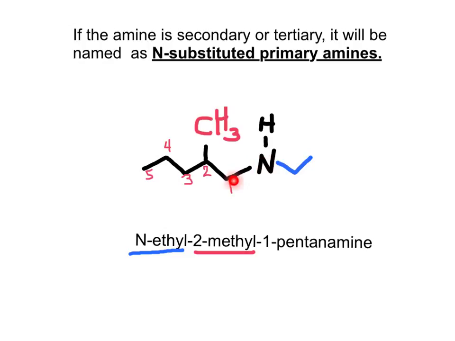This 1-pentanamine has a substituent in carbon number 2, so that is a 2-methyl-1-pentanamine, and the nitrogen also has its own substituent, an ethyl group, 2 carbons long, so that is an N-ethyl for this CH2CH3, 2-methyl for the substituent on the longest hydrocarbon chain, 1-pentanamine, because this is a secondary amine and the nitrogen is attached to 2 carbons.